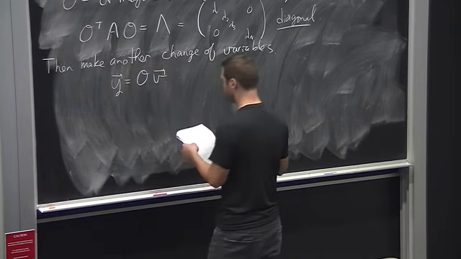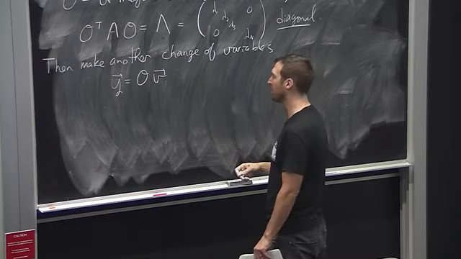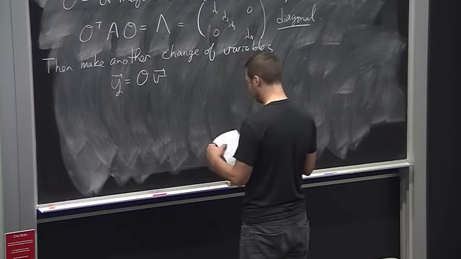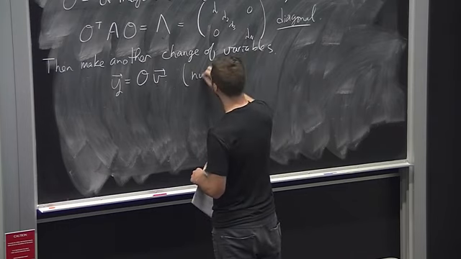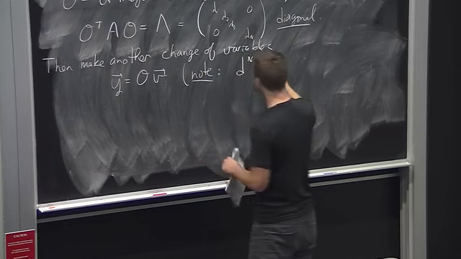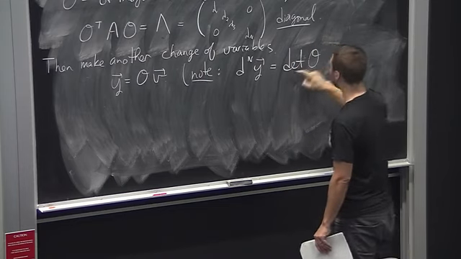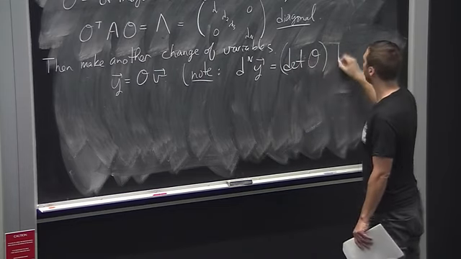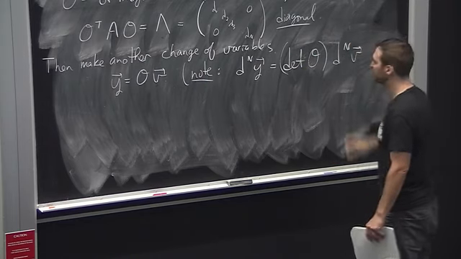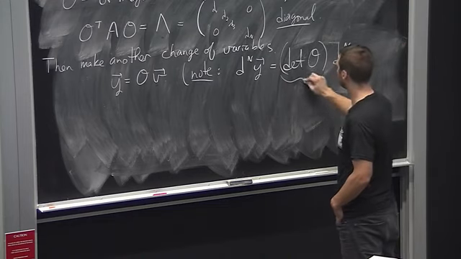To V: we've gone from X to Y, now we're going from Y to V, where when we multiply V by the orthogonal matrix, we get Y. And note, when we change those variables, we have to worry about the Jacobian, which is the determinant of that orthogonal matrix, because it's n-dimensional. And since it's orthogonal, luckily this thing just equals 1.